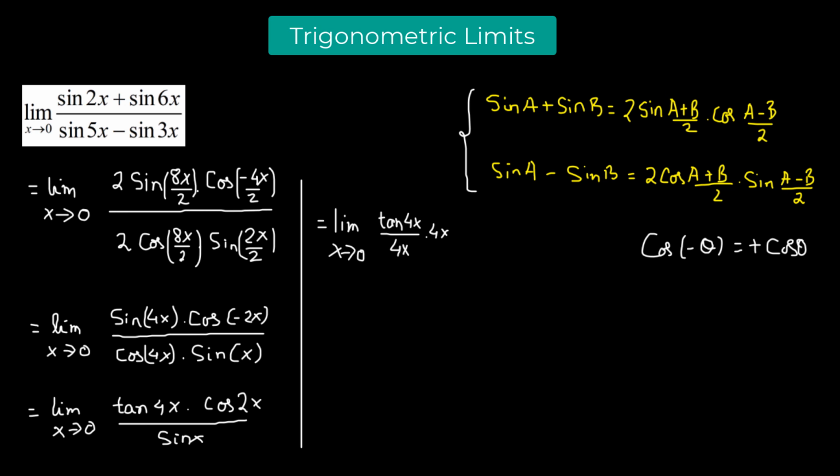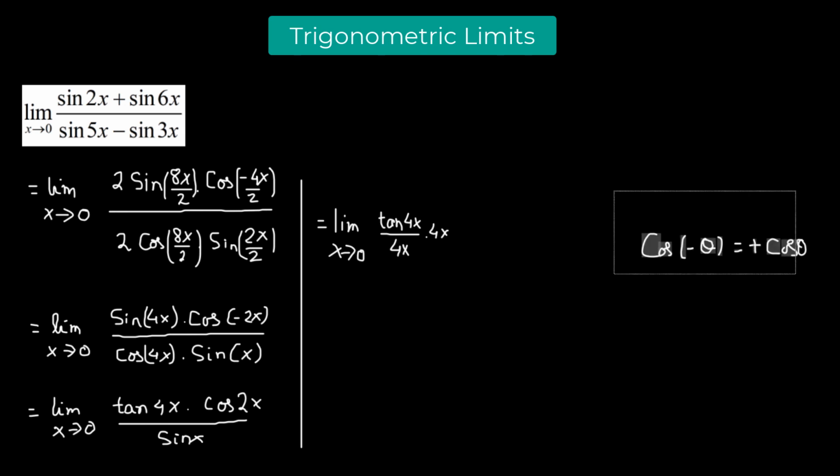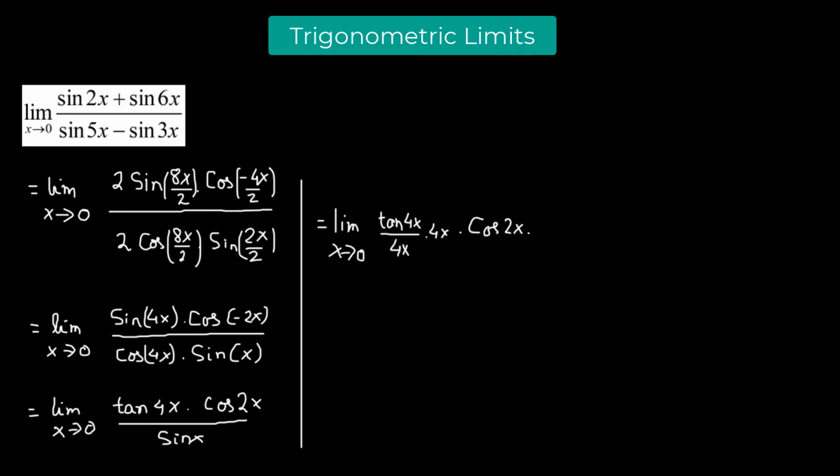So we have tan 4x over 4x times 4x times cosine of 2x, over sine x. We have sine x in the denominator.